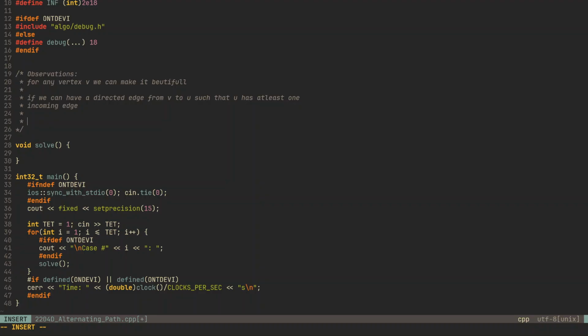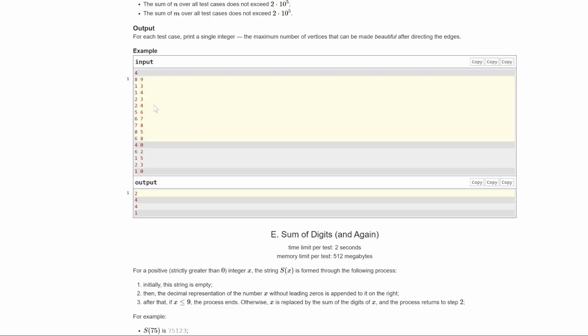Maybe this should work, but will this always result in the right answer?